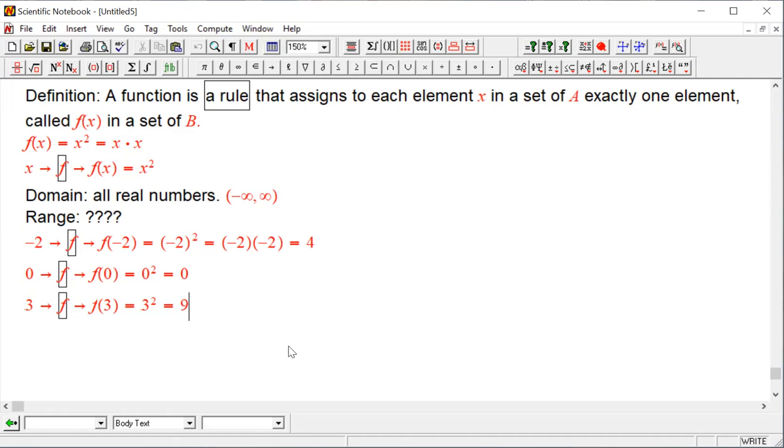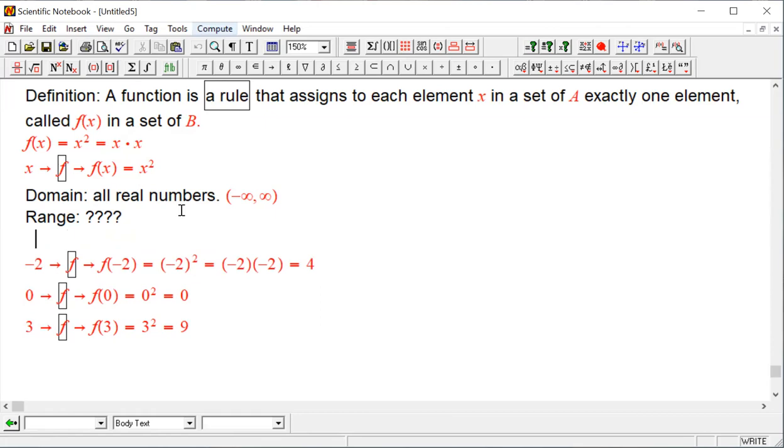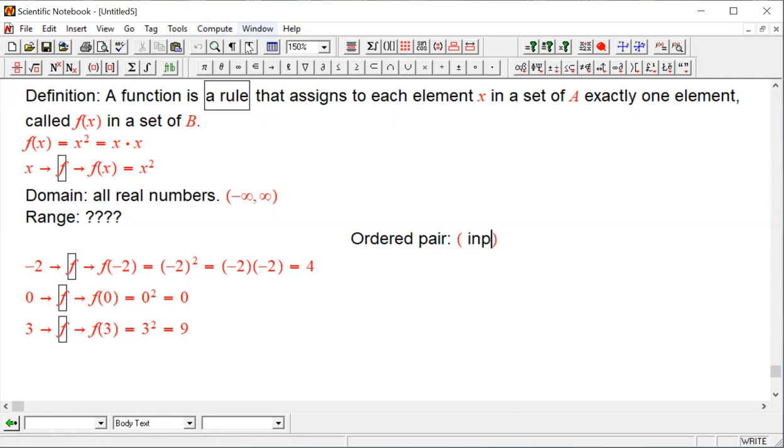I would like you guys to take your time, maybe you want to pause at this place. But we're gonna just do the usual thing and just plot. So we're gonna do the ordered pair: input, comma, output.